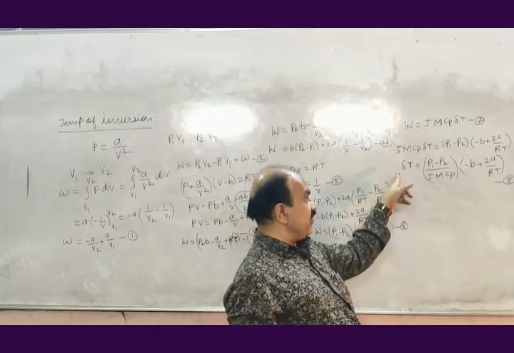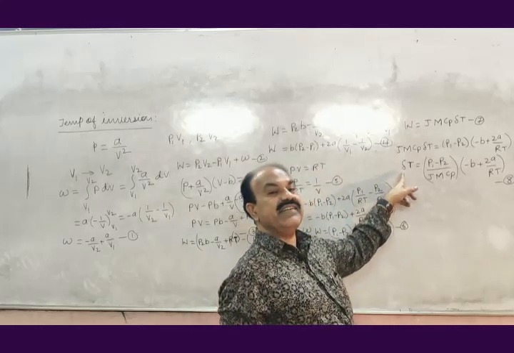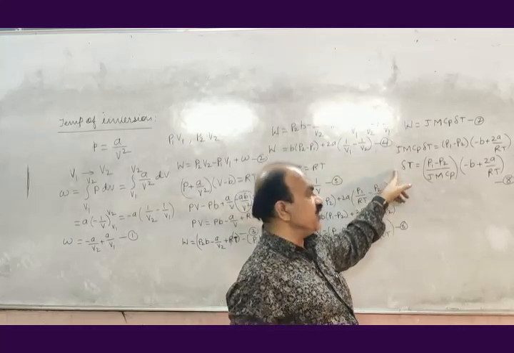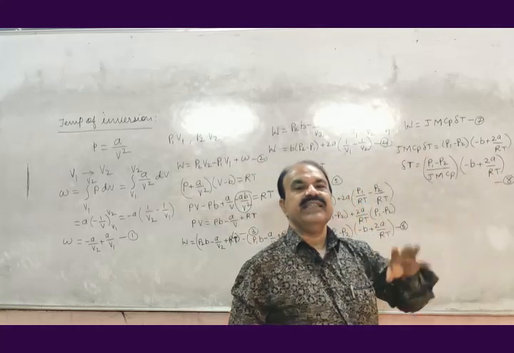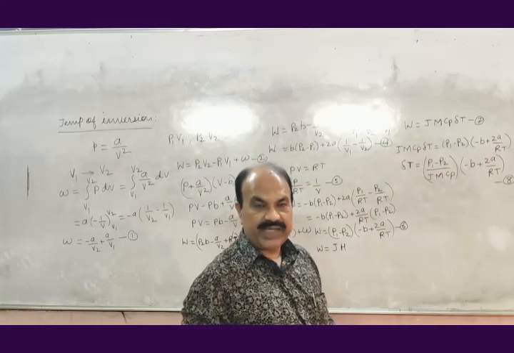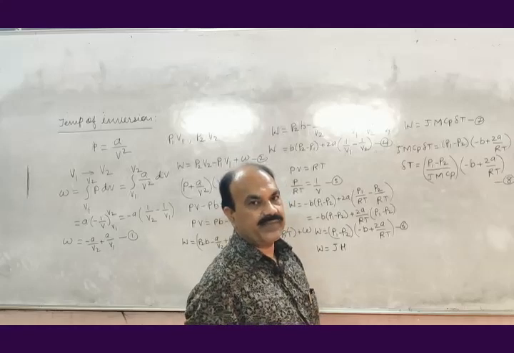The sign of delta T, whether delta T is positive or negative or 0, will be decided by the second bracket.